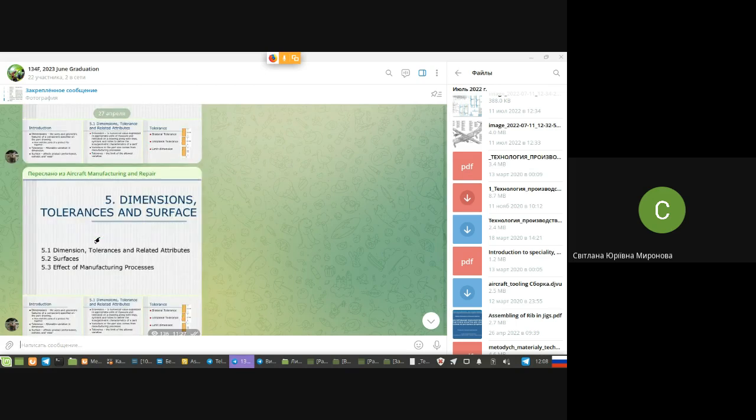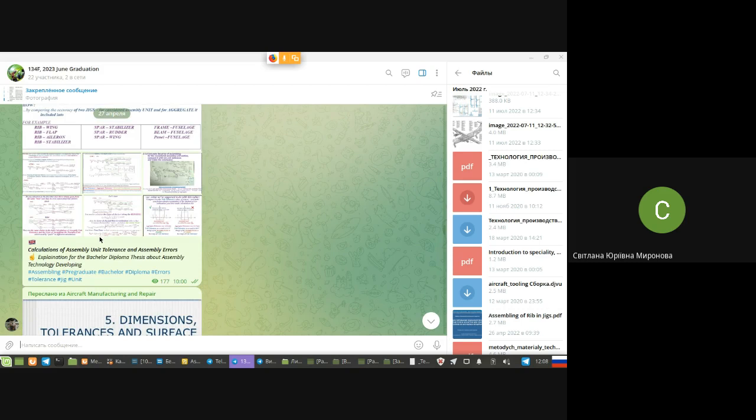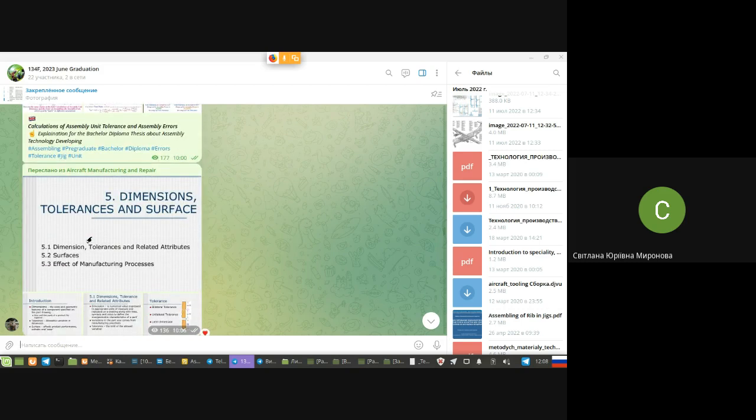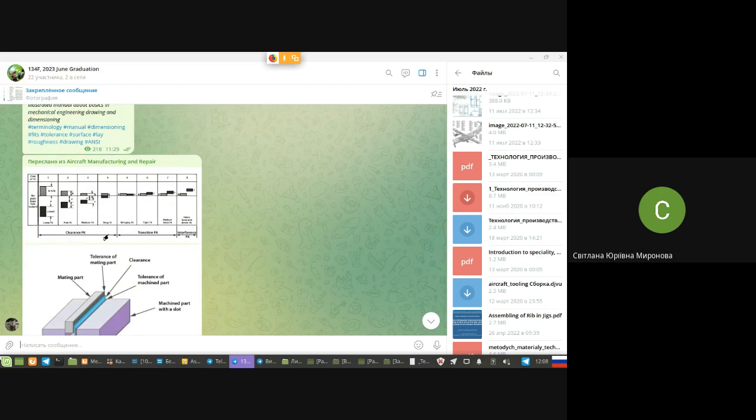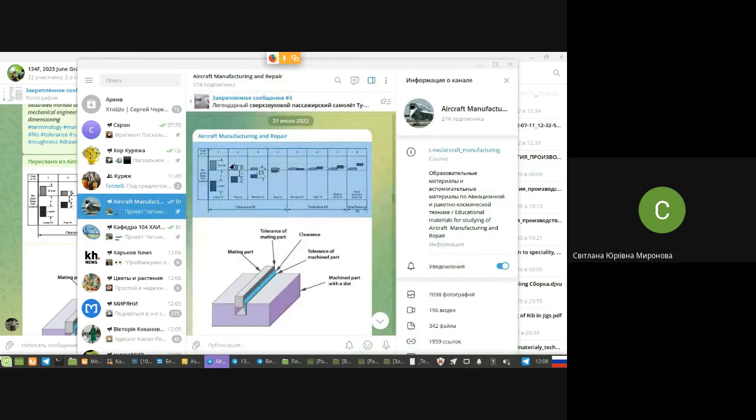I even sent you more, as you might see here. Some files you already see, dimensions and tolerances and so on. They are all about the system of tolerancing, or so-called system of geometry, dimensioning, and tolerances. And there are two systems actually.